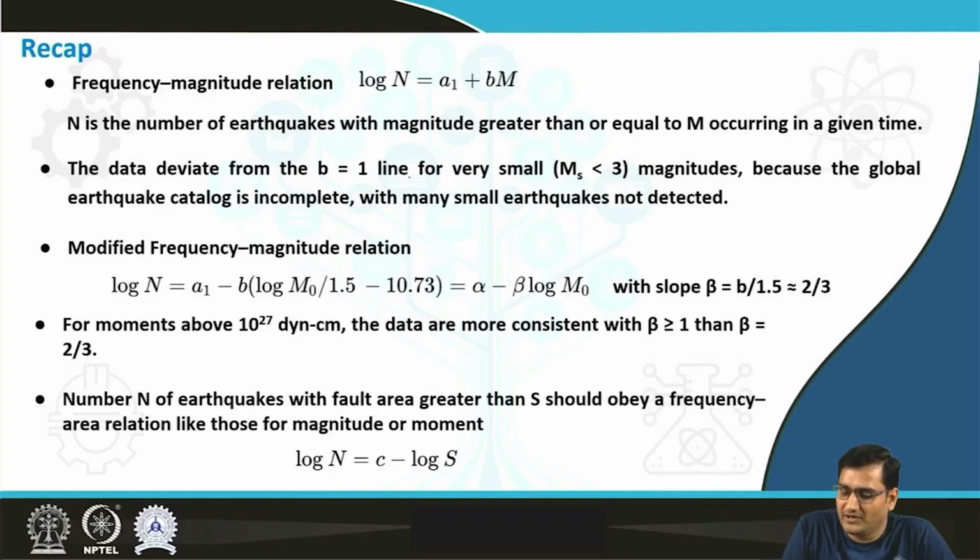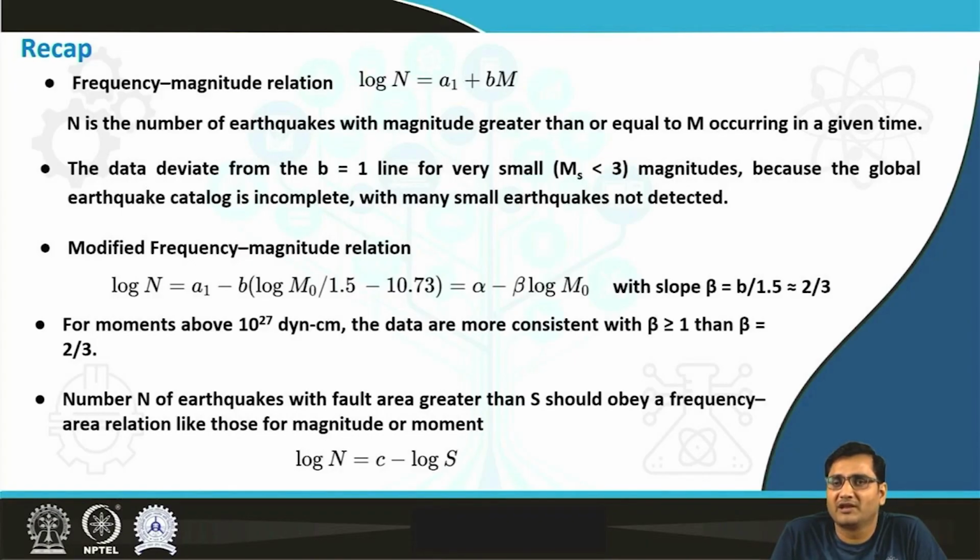The data deviates from the b equal to 1 line for very small earthquakes, that means surface wave magnitude less than 3, because the global earthquake catalog is incomplete with many small earthquakes not detected. So the b value, which should generally be equal to 1, deviates because at the smaller magnitudes the global earthquake catalogs are incomplete.